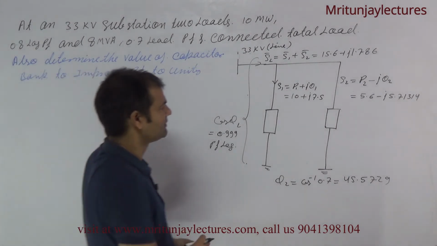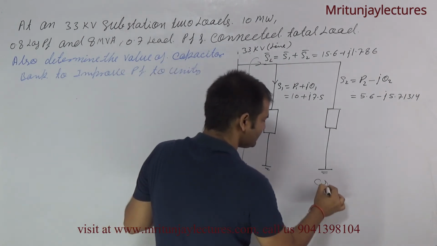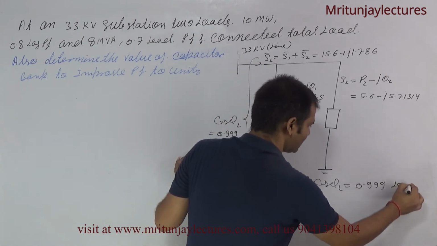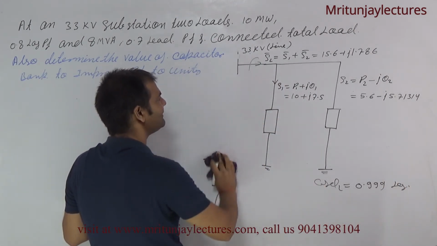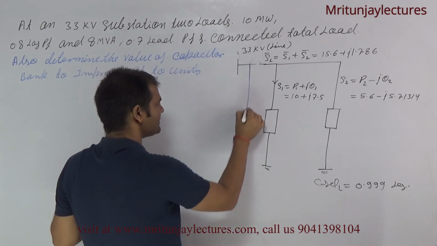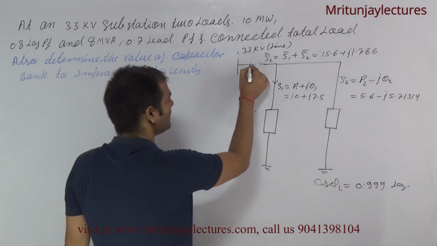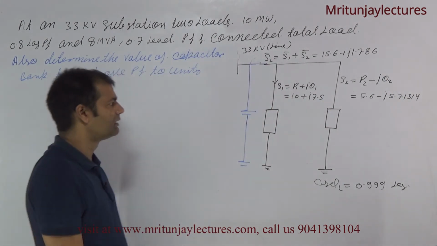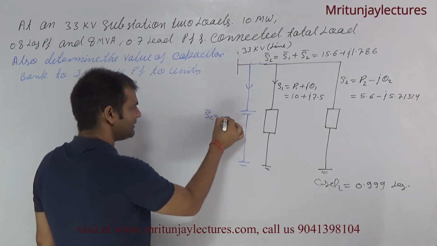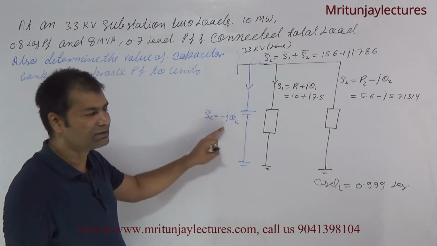Cos phi L is written as 0.999 lagging. If the capacitor bank is added, it means it is added in parallel to this load at the substation. Now for the capacitor bank, SC is written as minus jQC because of the capacitor. It means pure leading power factor.